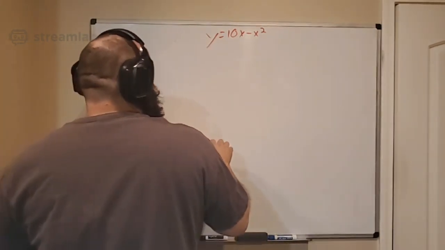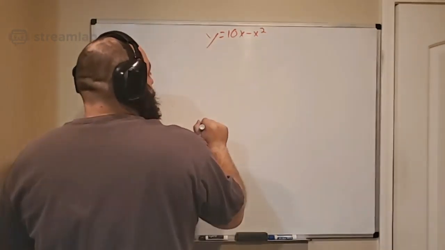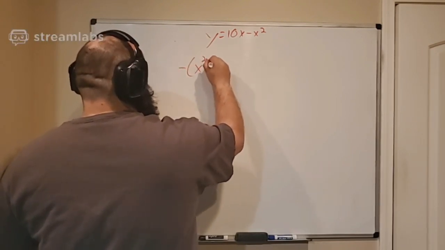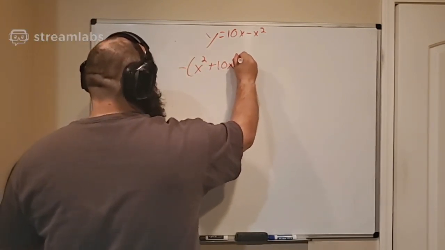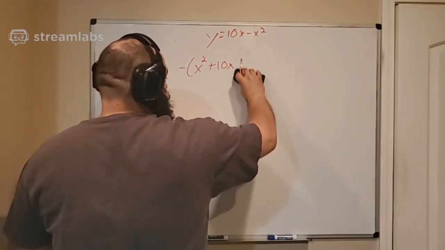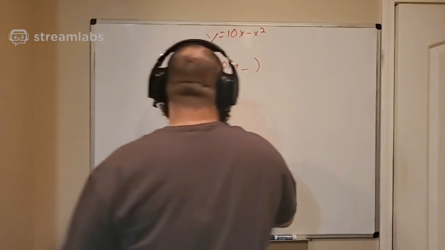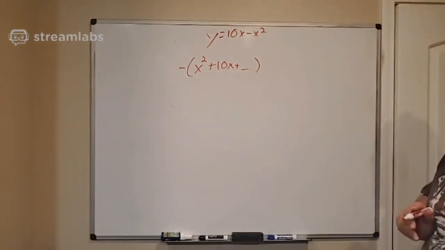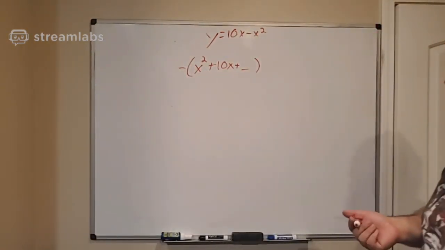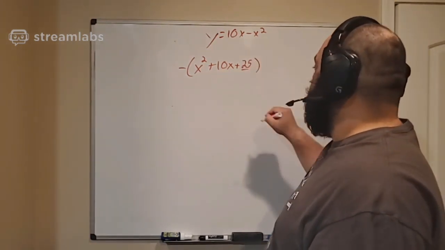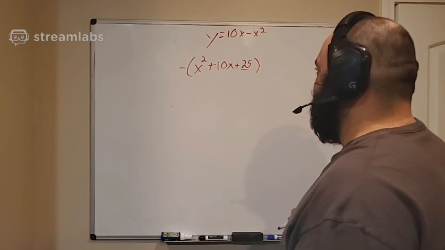What I would do is rewrite this as negative parentheses x squared plus 10x, because you do need to factor out that negative, plus blank, in order to complete the square. So that part's the easy part, in my opinion. Obviously, cut the 10 in half, you get 5, 25. The real question is, what do I put on the outside? Because I can't just add 25.